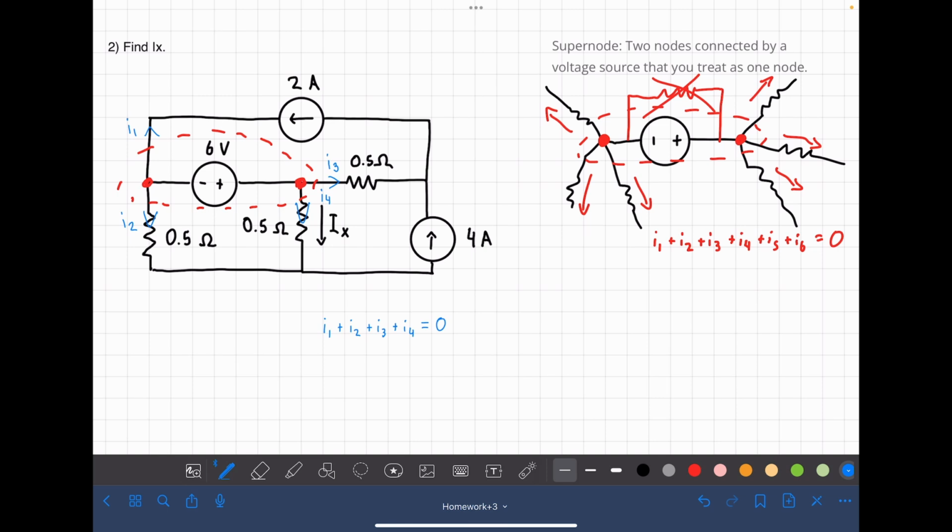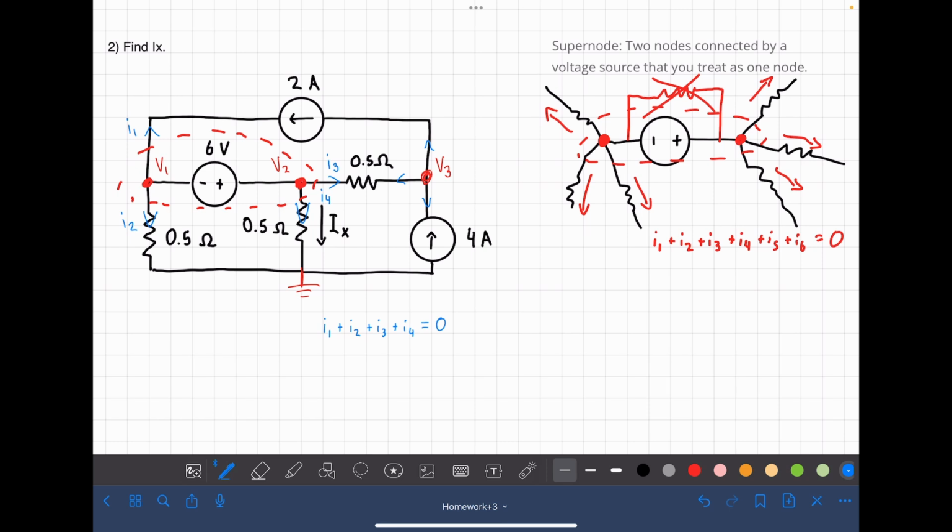Since we want to go ahead and use the node voltage analysis method, I am going to set this to ground, and this will be our third node. So we'll call this V1, this V2, this V3, and let's go ahead and write our KCL equation for V3.